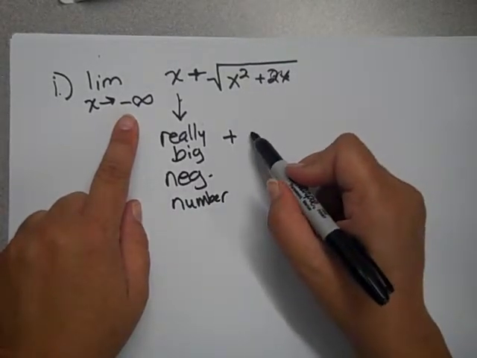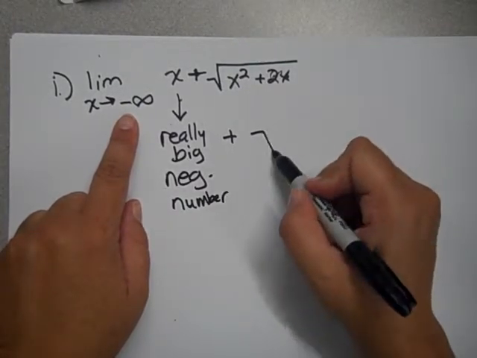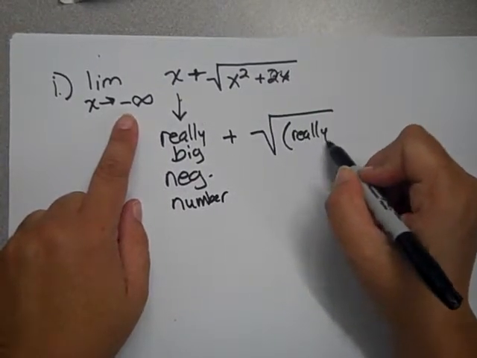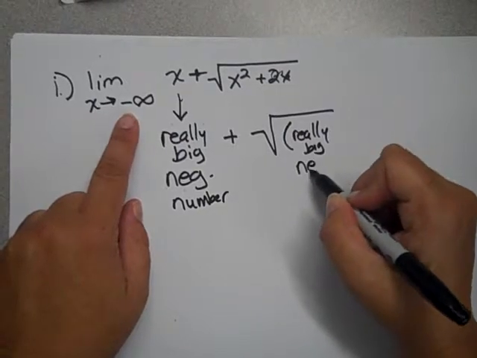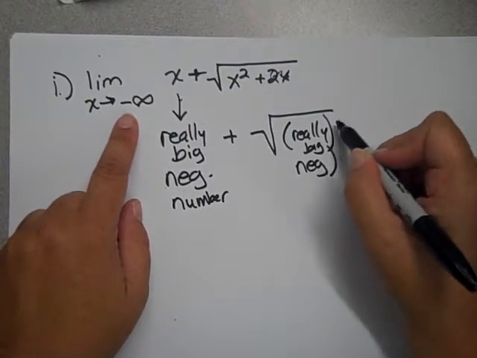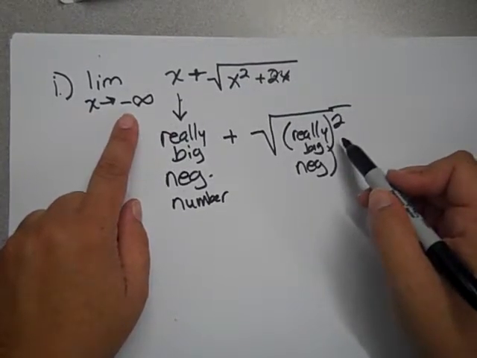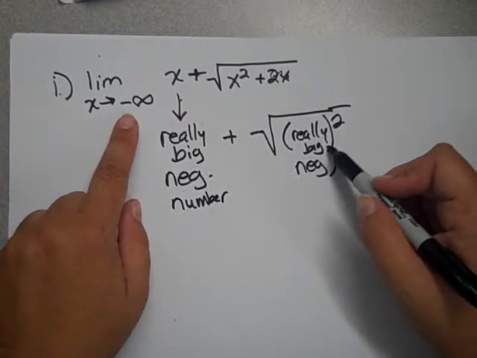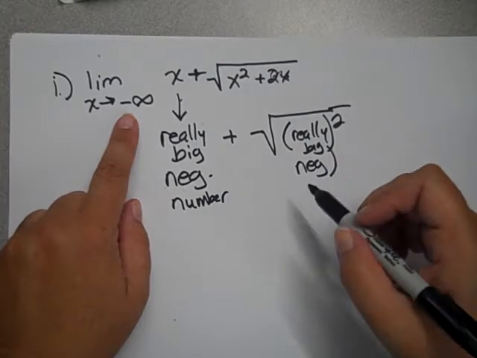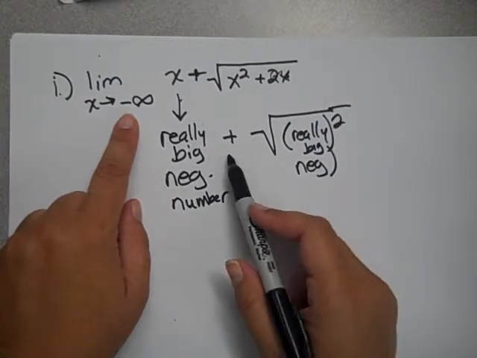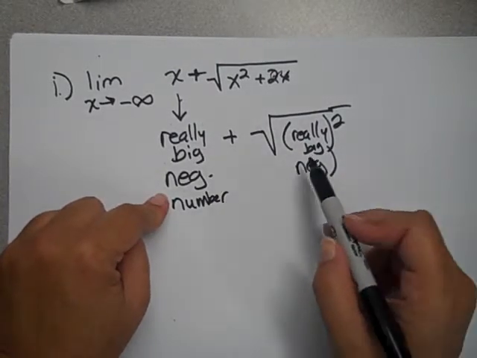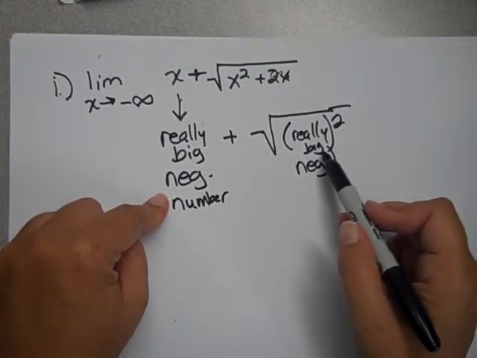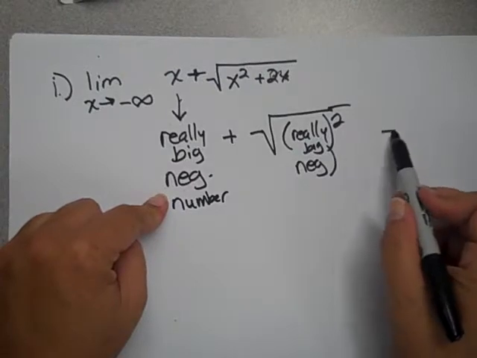Plus the same really big negative number squared and then square rooted. So actually, if I square it and then square root it, if I square it, it becomes positive, doesn't it? So I'm going to get a positive square root. So I'm going to have this really big negative number plus the positive version of that number. So I'm going to get 0.